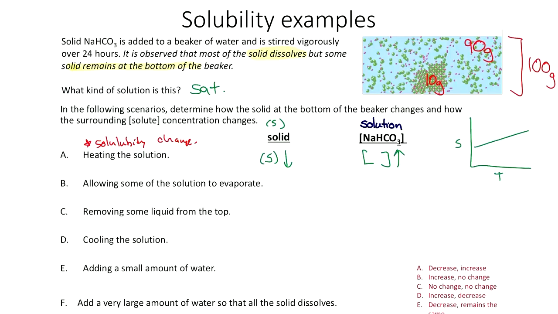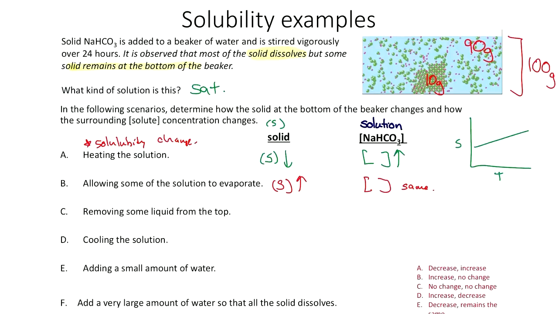Yeah. So allowing some of the solution to evaporate actually increases the amount of solid at the bottom, because now we have less water to dissolve stuff. But this one's tricky. How does the concentration of the solution change? It actually stays the same. Very good, very good. Why? Did we move on the graph at all?